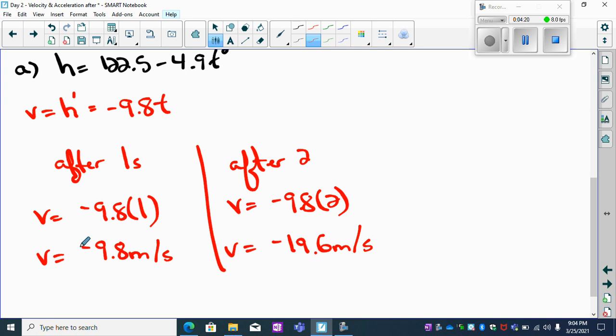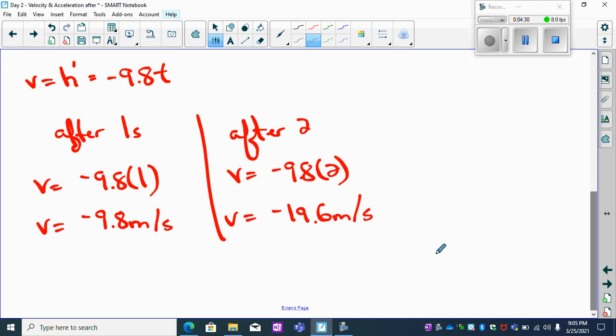Okay, in terms of like the negative, what that means, okay, it's direction. Velocity is speed with direction. So a lot of this stuff overlaps with physics. Okay, in this case, it indicates that the ball is going down, or if it was positive, it would indicate the ball being thrown into the air.